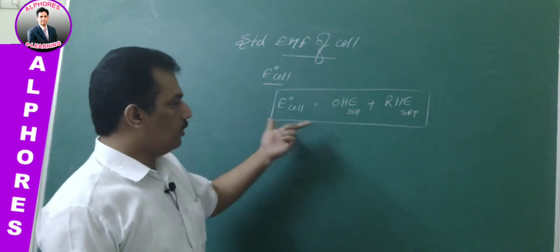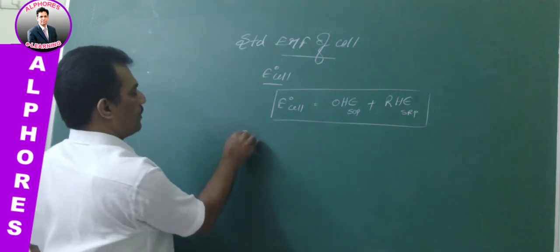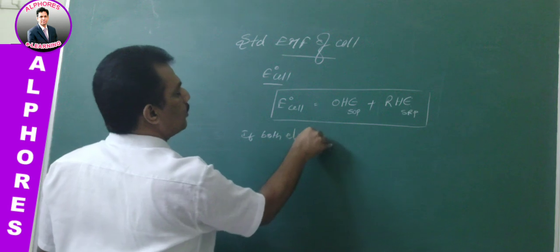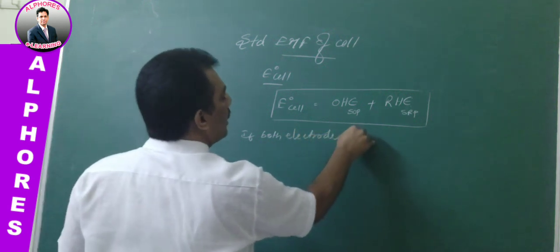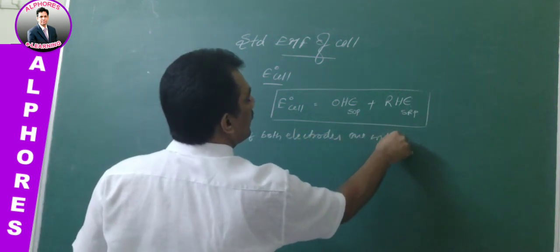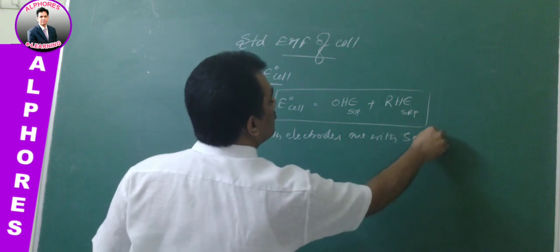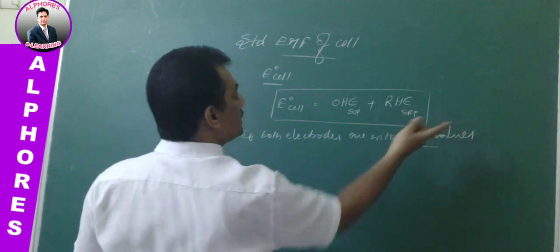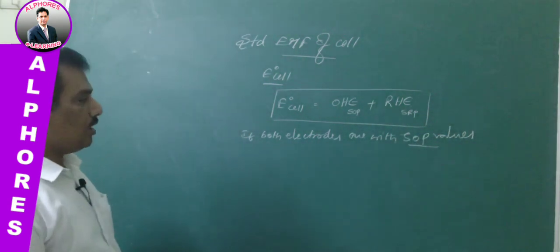And now, in case both electrodes are given with SOP values, that is, both electrodes are considered only in SOP and not SRP, how do we measure?